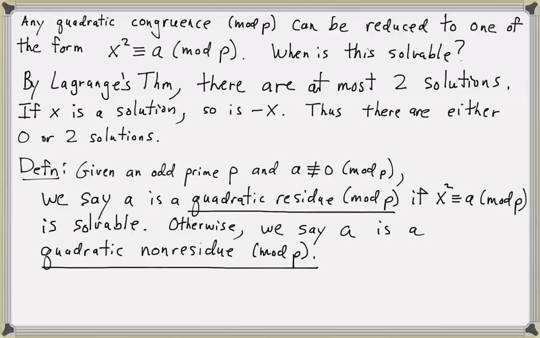It might be better to say that a is a square mod p, or a has a square root mod p. But as Levesque mentions in his book, this language of quadratic residues is too firmly rooted in tradition. And so we'll stick to the names quadratic residue and quadratic non-residue. So let's look at a quick example of quadratic residues.